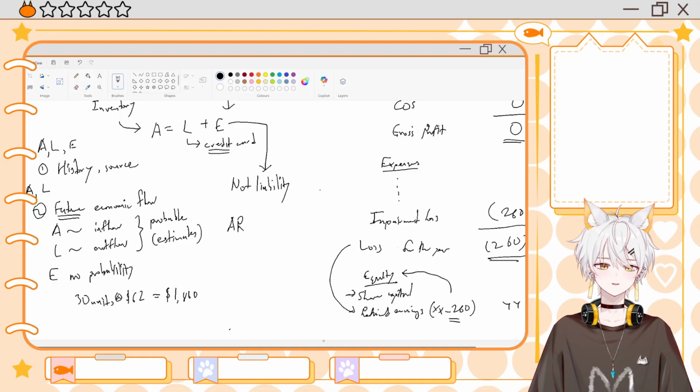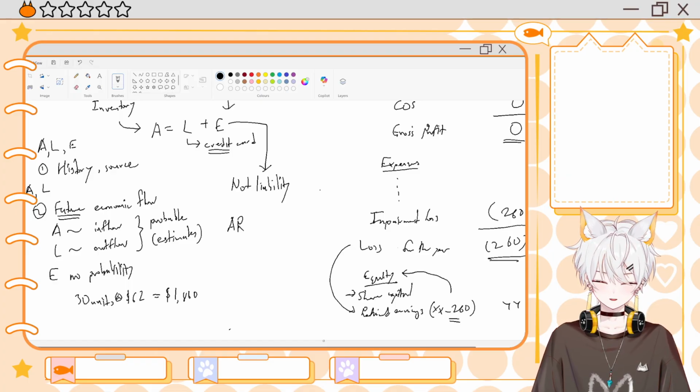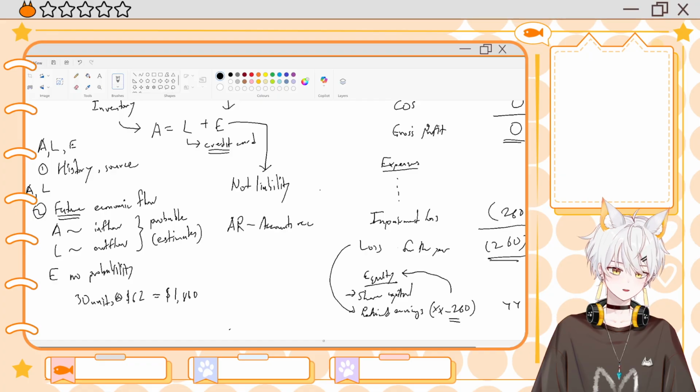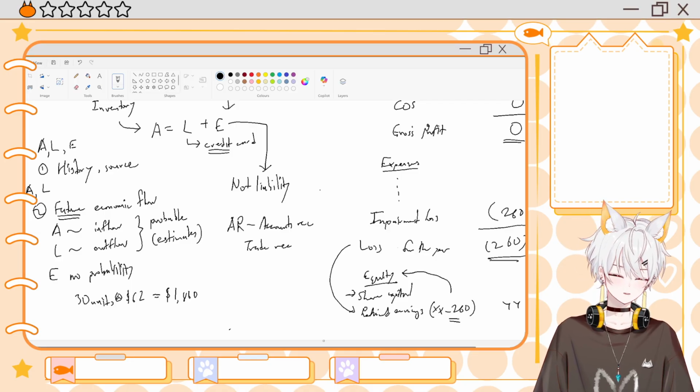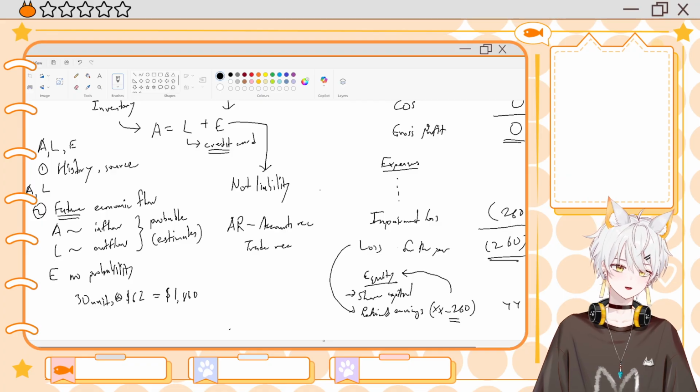What you're referring to is what they call accounts receivable, or you can call it trade receivable, which might be a more familiar term. These two are slightly different, but at the basic level you can understand it's the same.